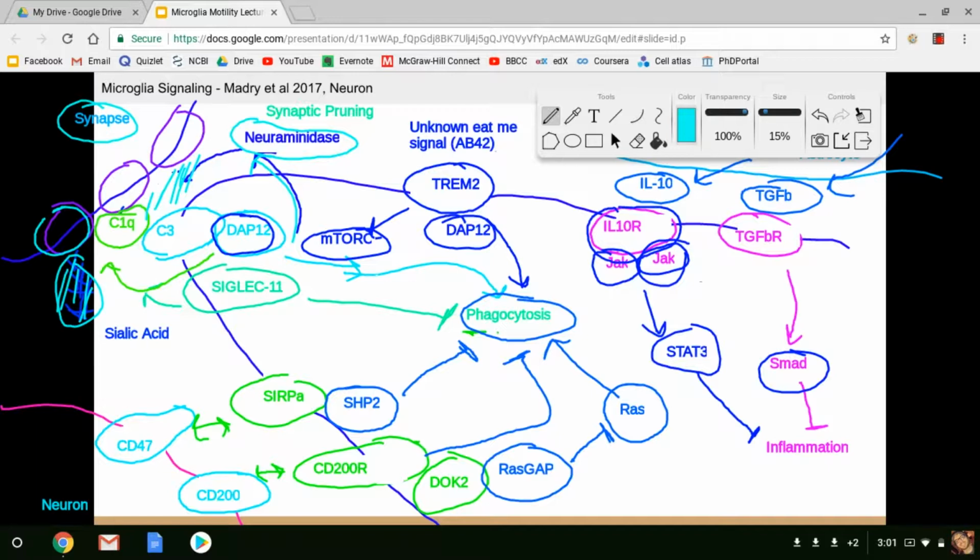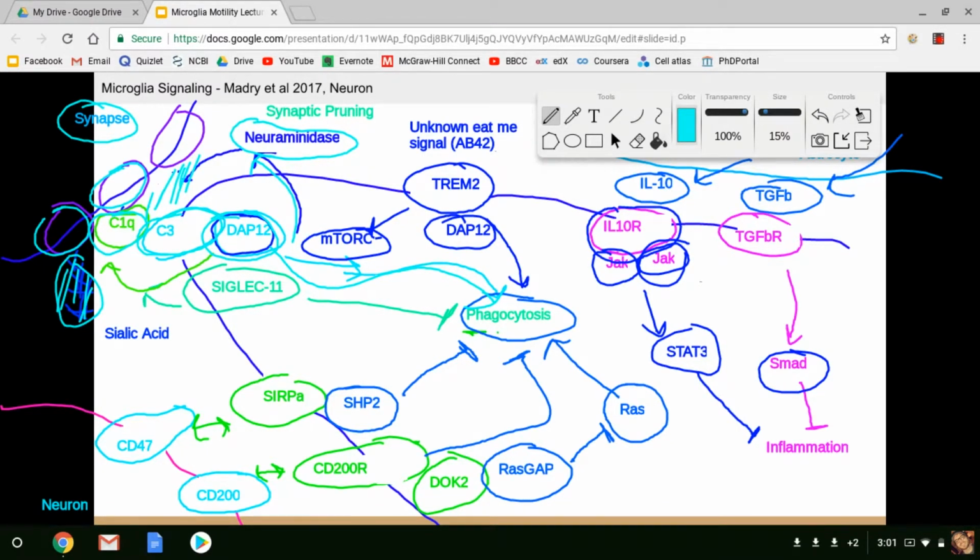And when sialic acid has been cleaved, C1q, also released by microglia, can bind to these desialylated receptors. C1q is a receptor for C3. C3, when it binds to C1q, can recruit this adapter, DAP12, and through DAP12, it promotes phagocytosis or synaptic pruning.